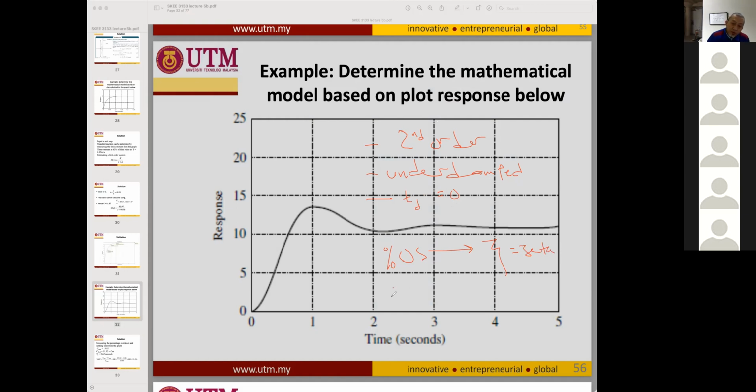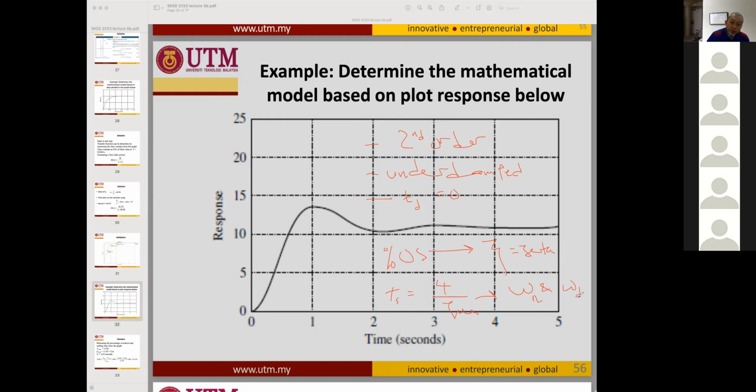Then you have to find the settling time, which will give you omega n, and omega d, I guess.